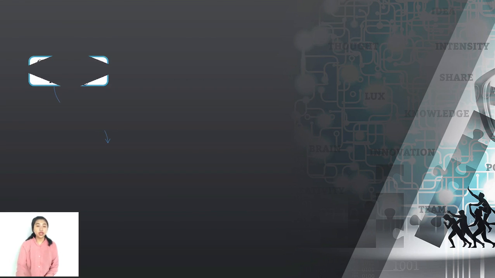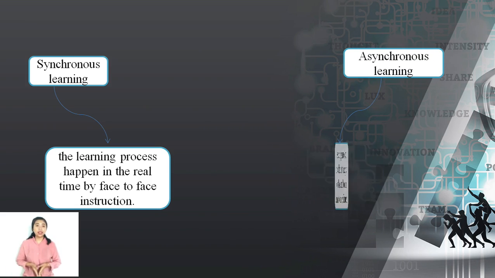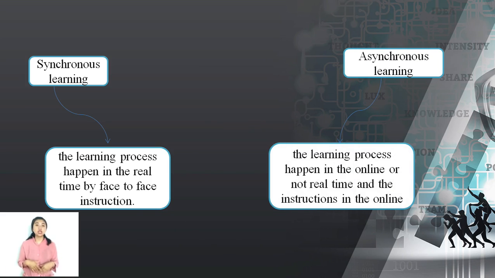Synchronous learning means the learning that happens in real time and the instruction is face-to-face. Meanwhile, asynchronous learning means the learning that happens online, not in real time, and the instruction is online.